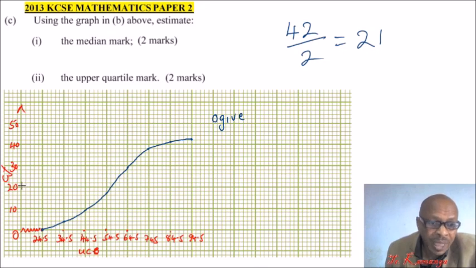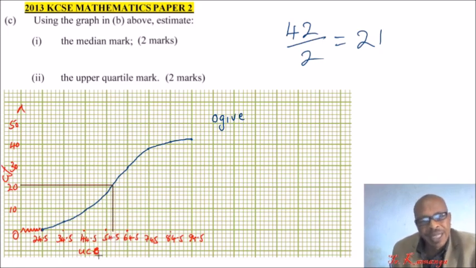You place your ruler there and you'll be able to get the median mark. This is where it corresponds, and you draw it there. So that is the median mark.